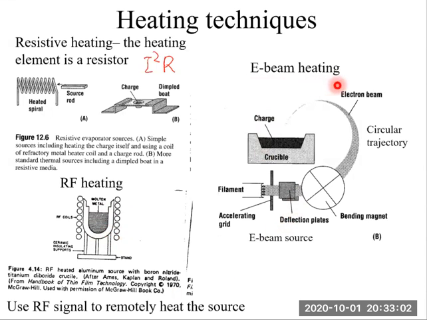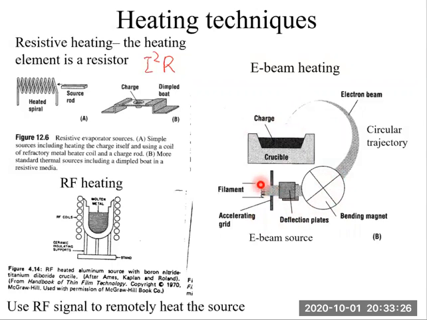Another heating technique is E-beam heating. Namely, we use high energy electron beams to heat the material, to heat the charge. The operating principle can be explained using this simplified schematic.